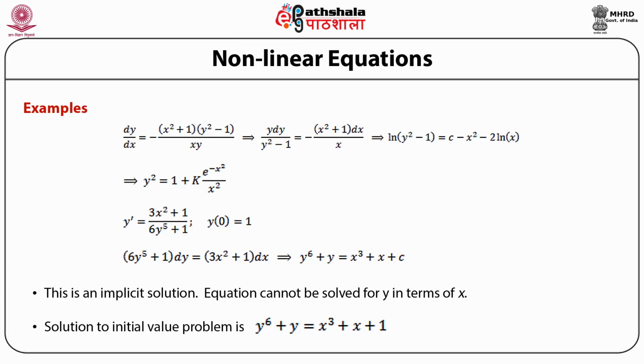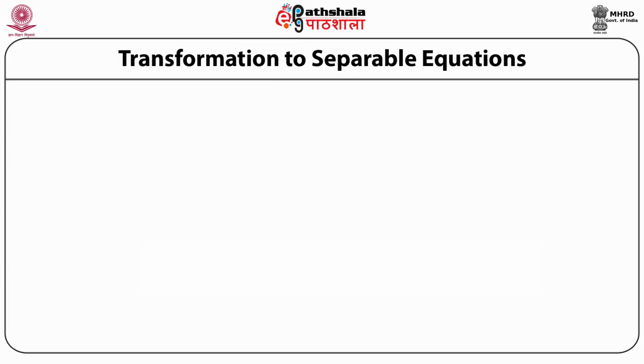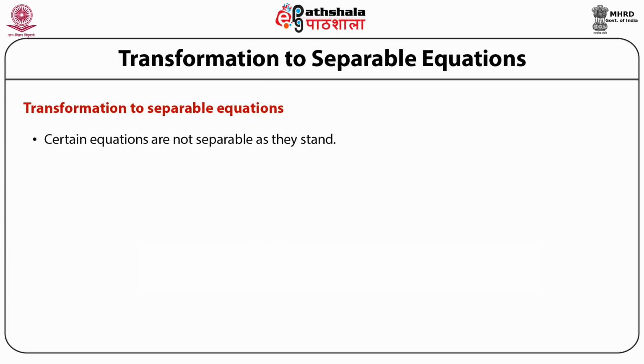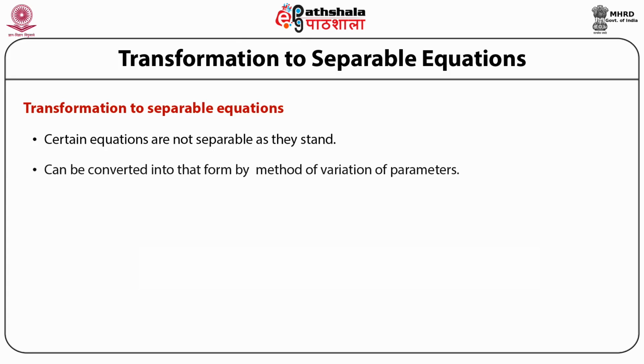Here, we discuss the transformation to separable equations. Certain equations are not separable as they stand but can be converted into that form by the method of variation of parameters, similar to that employed for the linear inhomogeneous equations.